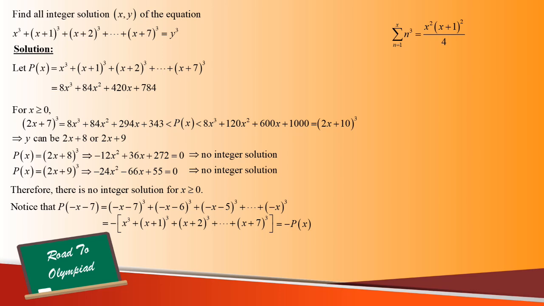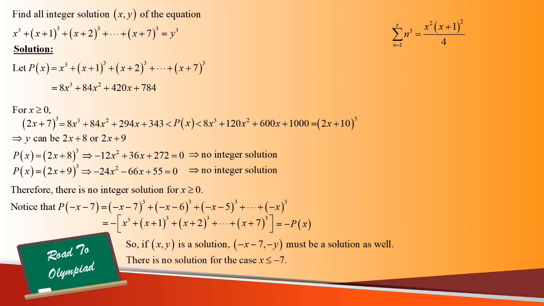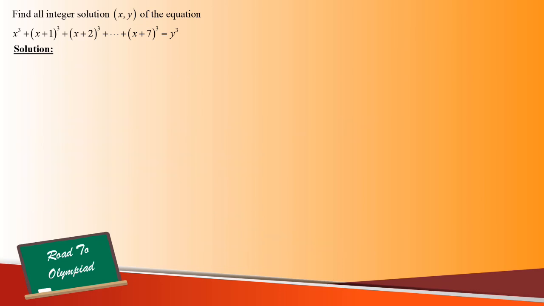This is to say that if (x, y) is a solution for the equation, then (-x-7, -y) must be another solution as well. But since there is no solution for x greater than or equal to 0, there will be no solution for x less than or equal to negative 7 as well. Knowing this, we must have x between negative 6 and negative 1 inclusive.